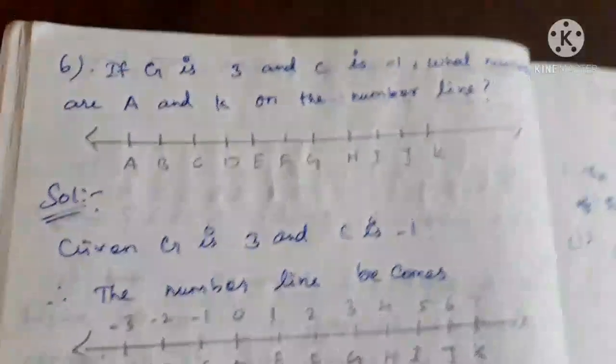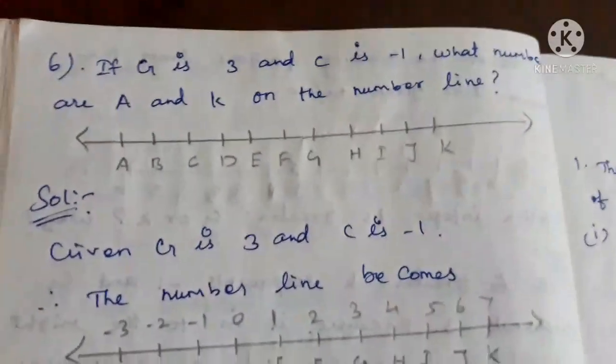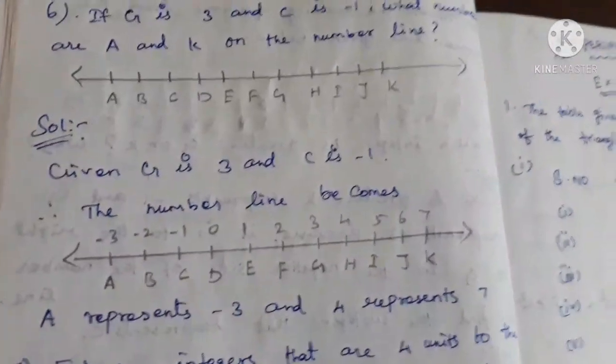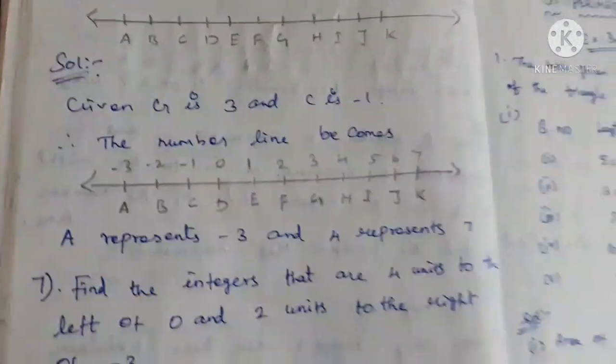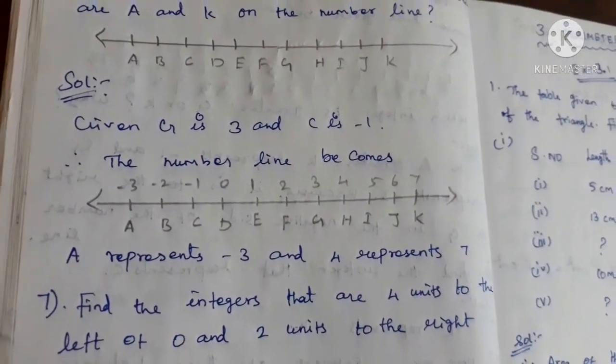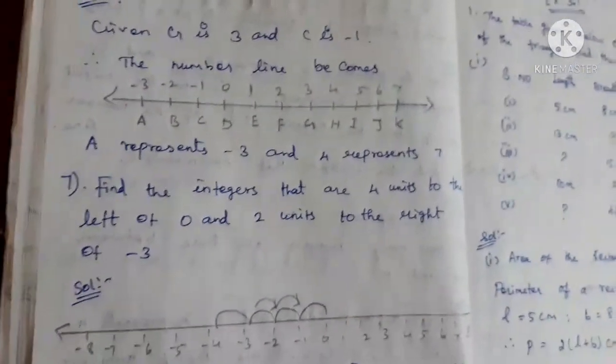Next question. If G is 3 and C is -1, then what numbers are A and K on the number line? The answer will be C is -1, and A is -3, and 4 represents 7. Then, 7th question.